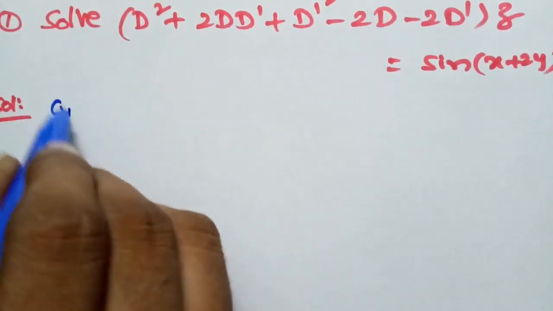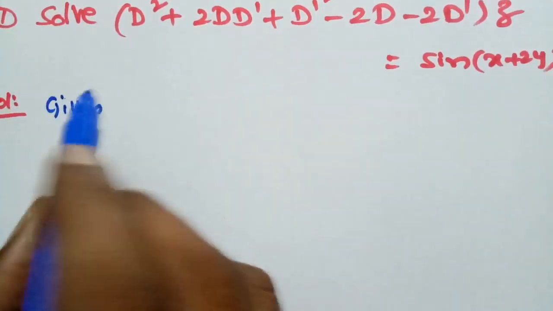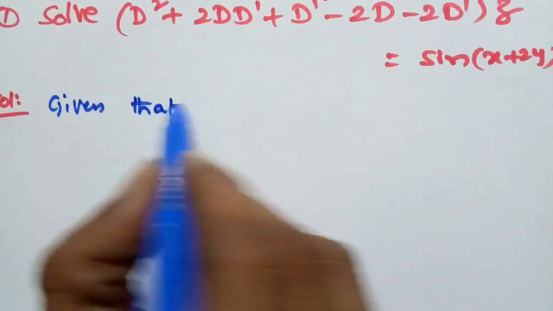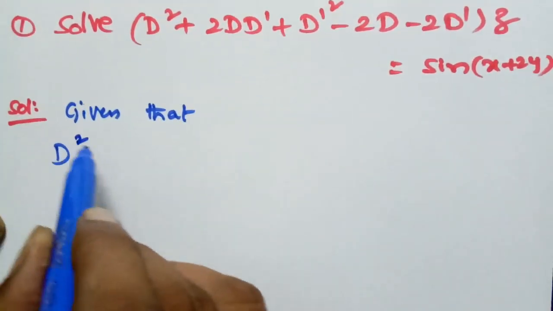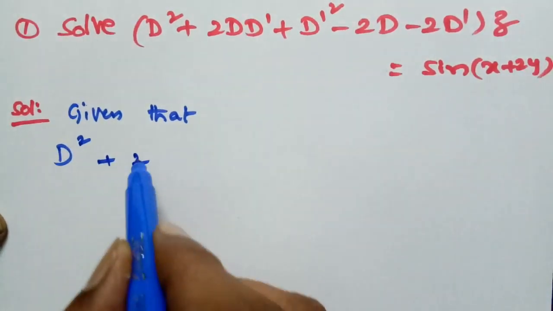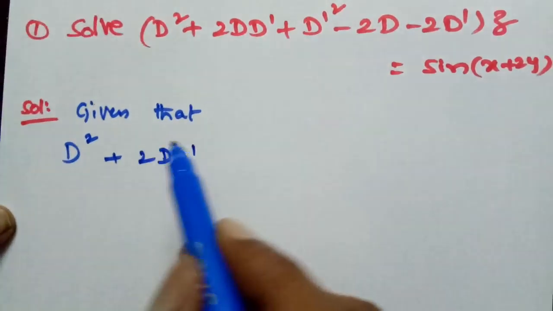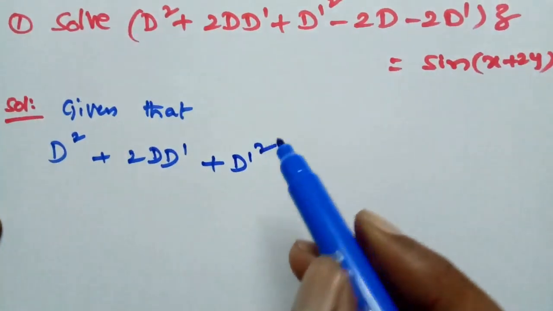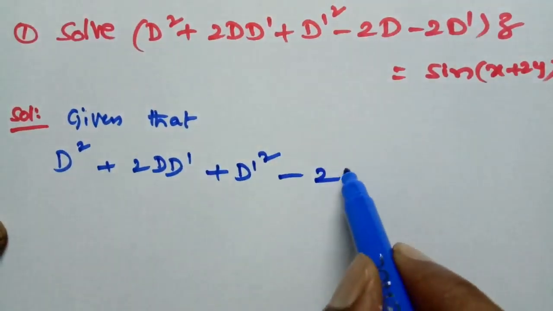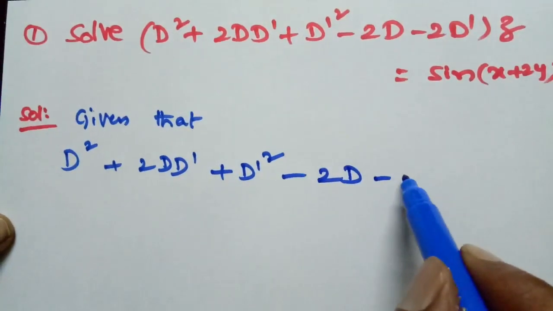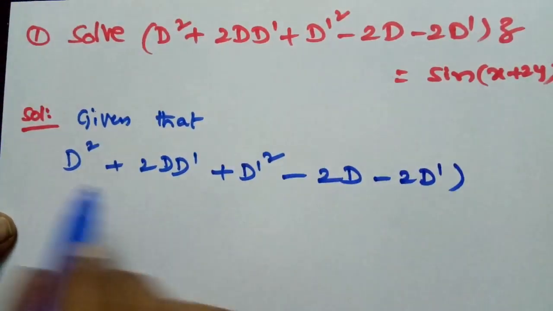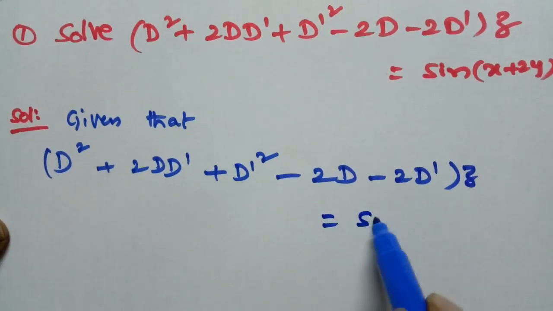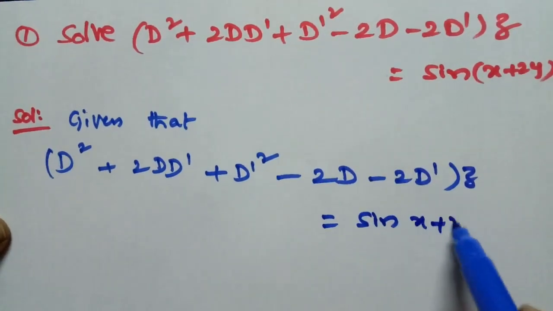First write down the given equation. Given that D square plus 2 into D D dash plus D dash square minus 2D minus 2D dash into z is equal to sine of x plus 2y.